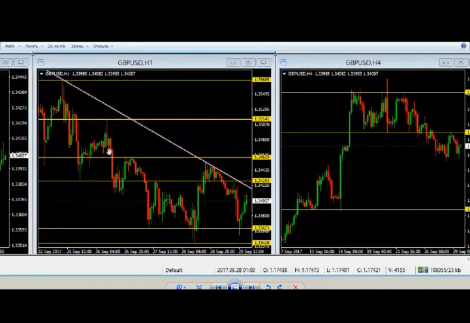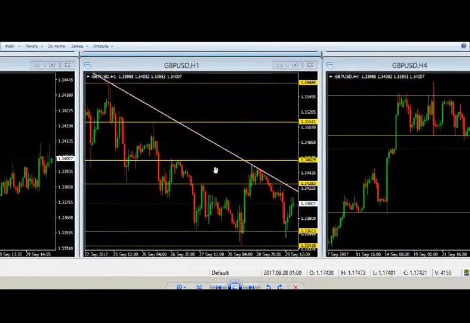I don't draw these many levels because then you can't understand what is happening on the chart. You just remember that here is a point where they move down.